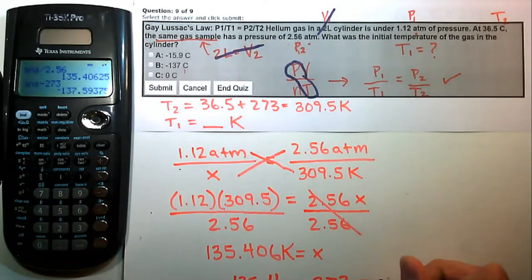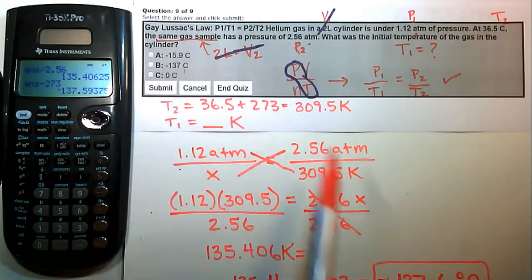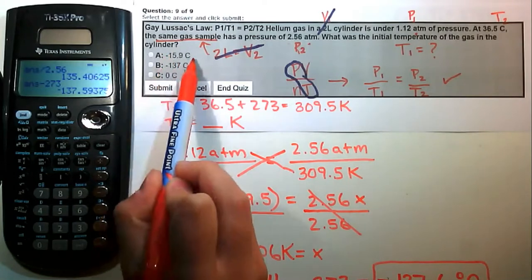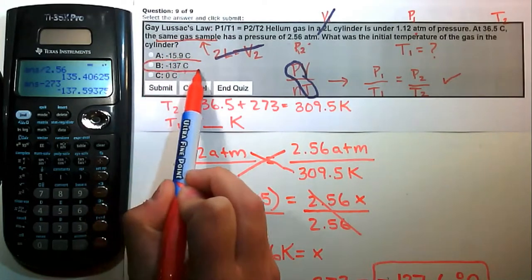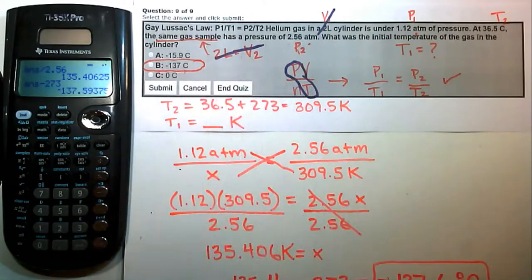It's going to give me negative 137.59, which I'm going to round to negative 137.6 degrees Celsius. So I'm looking for an answer choice that's very close to this value, negative 137.6. Theirs is rounded incorrectly, but it's very close to answer choice B, which is the correct answer there. But we had to convert back to Celsius to get the correct answer choice.